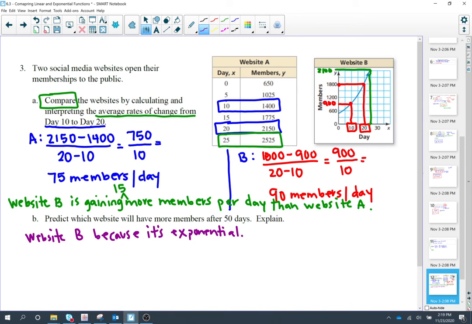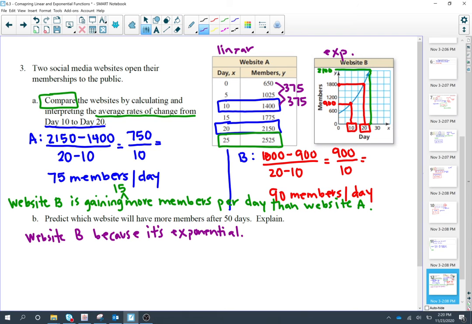Versus over here, I'm pretty sure this is linear growth. Let's see, 1025 minus 650, this one is up by 375. 1,400 minus 1025, this one is also up by 375. So this one looks linear versus this one is exponential.